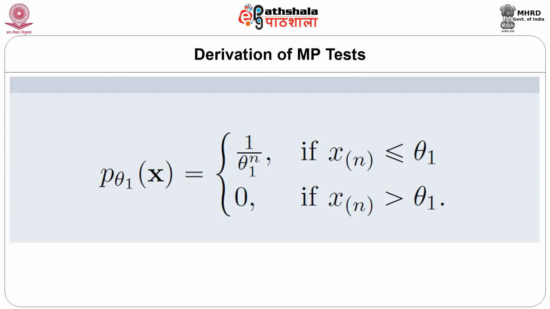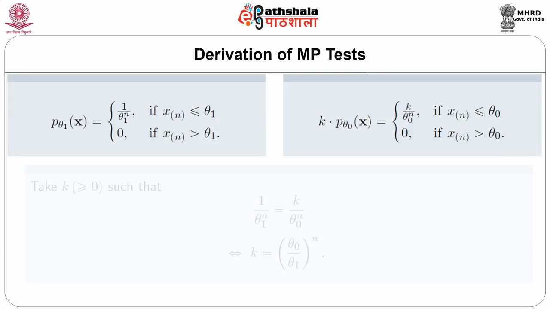Now, we want to use Neyman-Pearson lemma and derive the most powerful test for testing theta equal to theta naught versus theta equal to theta 1. So p theta 1 x is 1 by theta 1 to the power n if X order n is less than or equal to theta 1 and 0 if X order n is greater than theta 1.